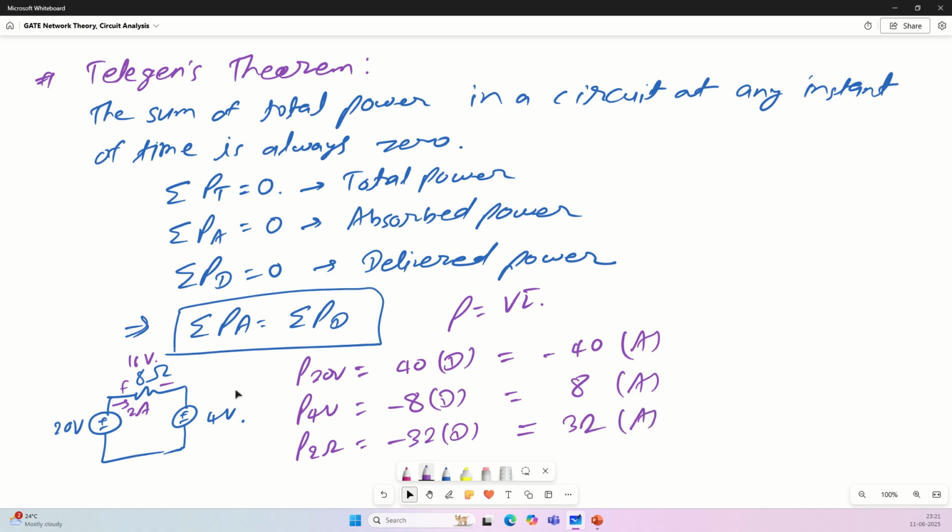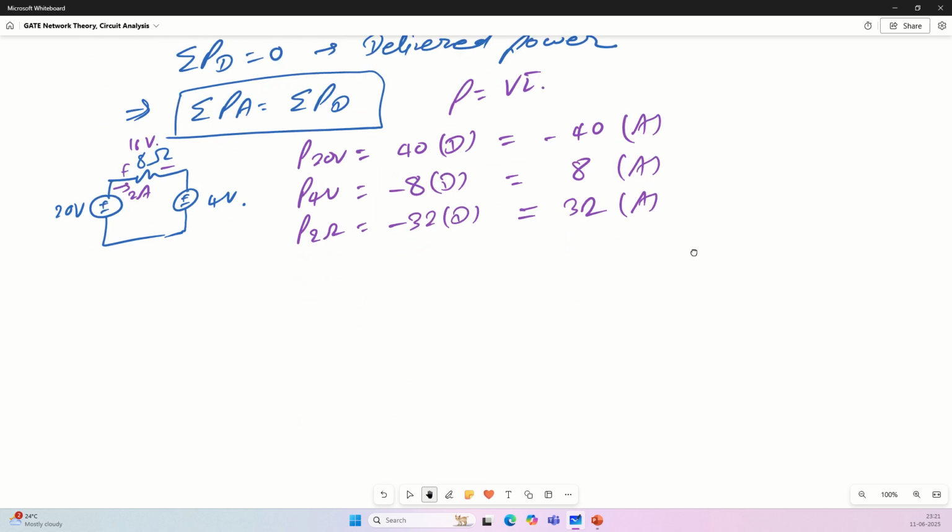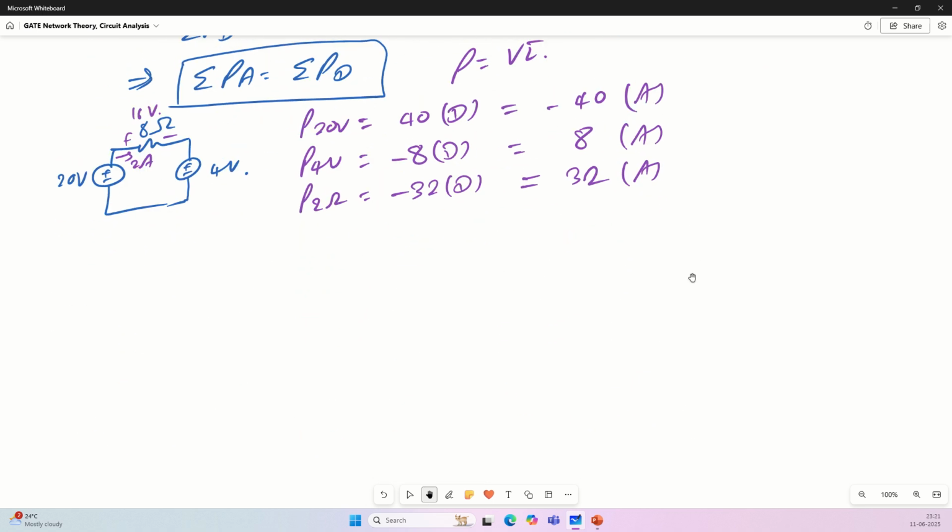Understood? So I have told you that the sum total of all the energy delivering or absorbing is equal to 0. So can you write it down? 40 minus 8 minus 32, that is going to be 0. Similarly, what is the total amount of absorbed power? That is again 0. So this is what is called Tellegen's theorem.